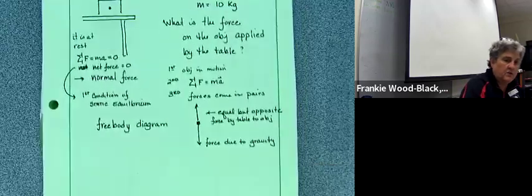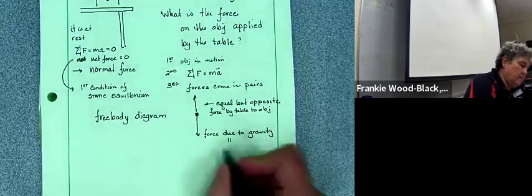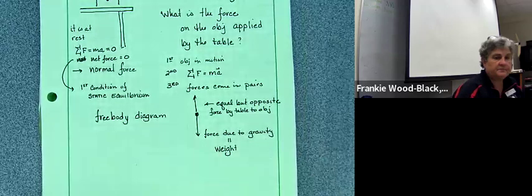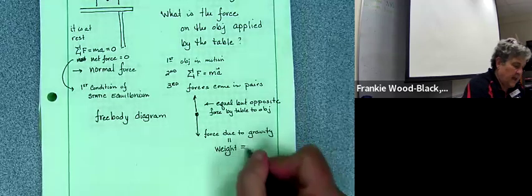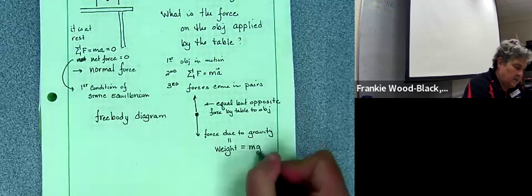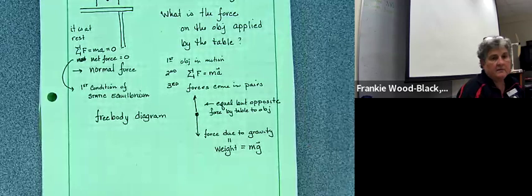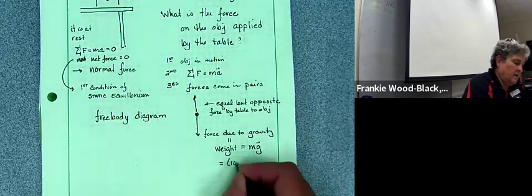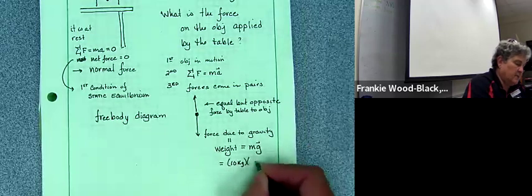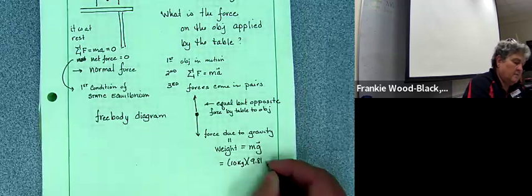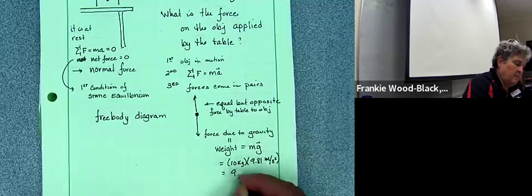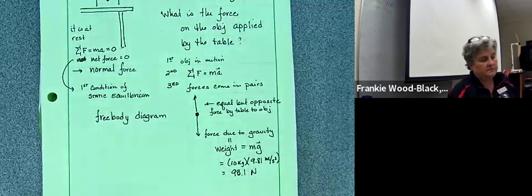We said our force due to gravity is the weight, which means that it's mass times acceleration. That's 10 kilograms times 9.81 meters per second squared, and that's going to be 98.1 newtons.